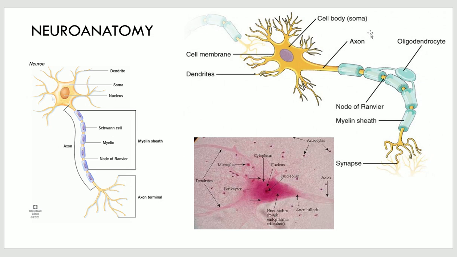Once we get to the end of the axon, like I just said, we have these little finger-like projections at the axon terminal. These little synapses. And at the end of each one, we have something called a synaptic bulb. But we'll talk more about what a synaptic bulb is. It's not labeled here, but you're going to see it here shortly.